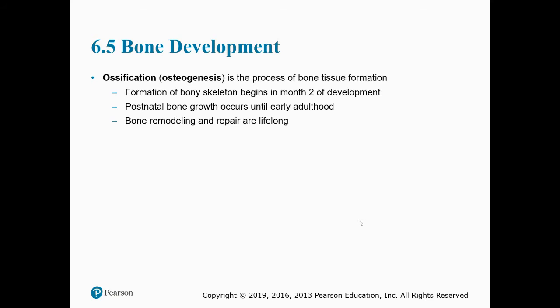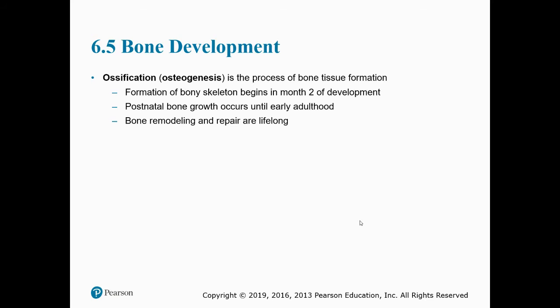Now, bone begins formation as an embryo and then eventually turns that embryonic skeleton into a bony skeleton. And eventually we have this growth that goes on into early adulthood as far as the length of bones. Throughout our entire life, bones can get thicker and they can also repair and remodel, depending on the stresses placed on that bone.